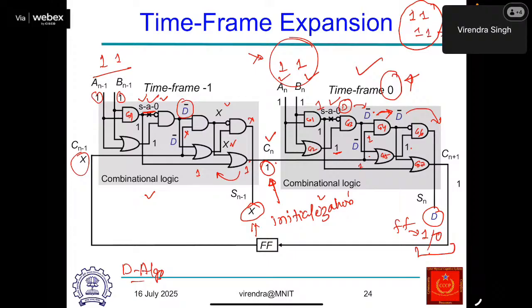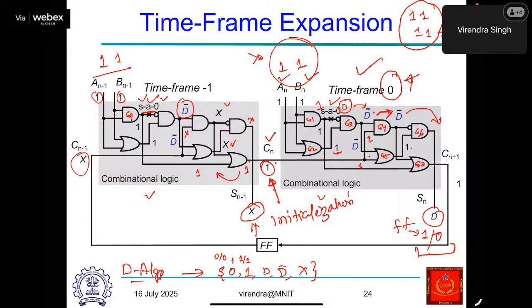In that case, I use the 5 valued algebra: 0, 1, D, D bar, X. If one of the values, whether faulty value or fault free value, is X, then we combine it in terms of X. 0 means faulty and fault free are both 0. 1 means faulty and fault free are both 1.